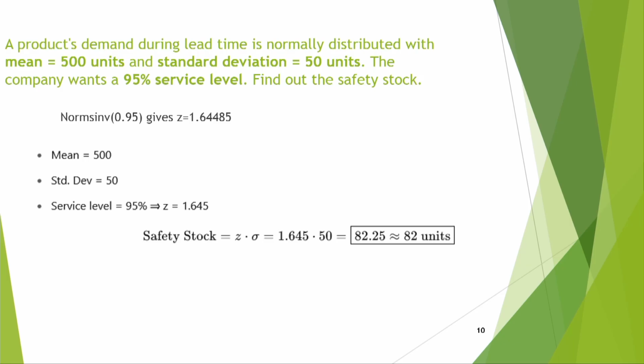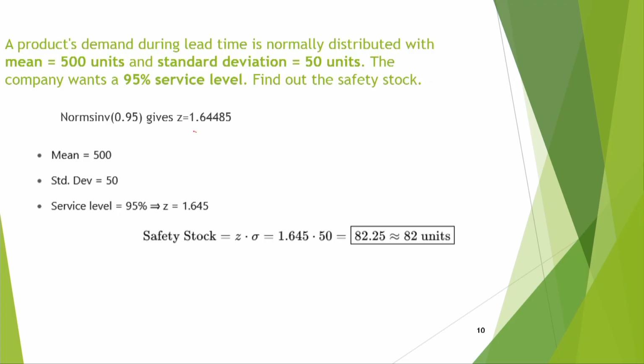A 95% service level means there should be a 0.95 probability that you will not be stocked out. So we use NORM.S.INV of 0.95, which gives Z equal to 1.64485. You can get this value from the tables also.